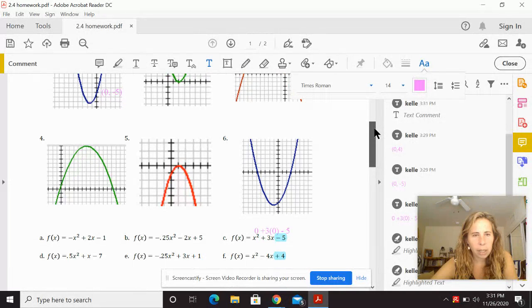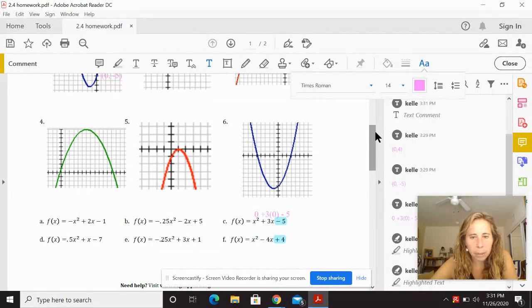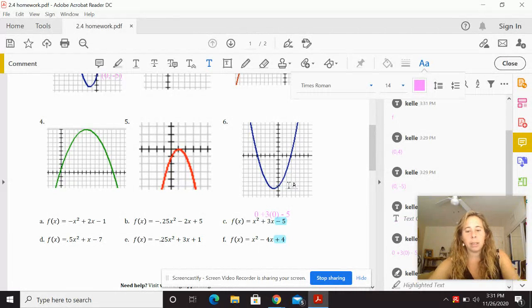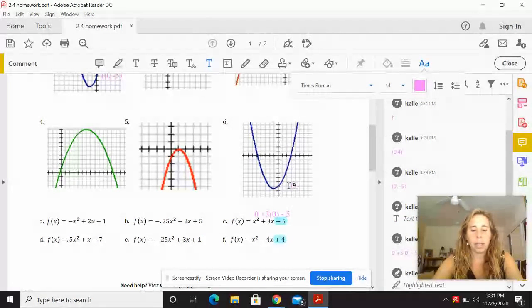Okay, I think you guys can handle the rest. You've got it. No, I'll do number 6 just because. All right, so the y-intercept on number 6. Where does your graph cross the y-axis? Right there. So that's -1, -2, -3, -4, -5, -6, -7. So this is x is 0, y is -7.